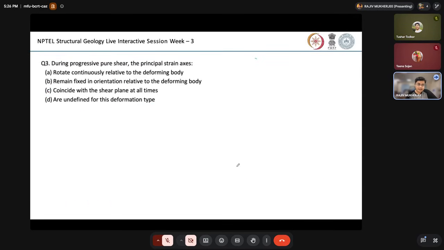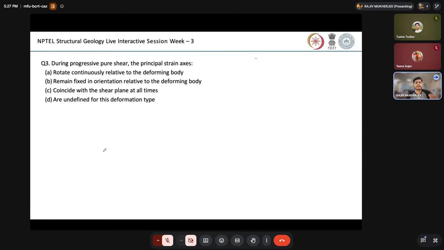Now let us move on to question number 3. Question number 3 says, during progressive pure shear, the principal axis of strain: option A, rotate continuously relative to the deforming body; option B, remain fixed in orientation relative to the deforming body; option C, coincide with the shear plane at all times; and option D, are undefined for this deformation type.